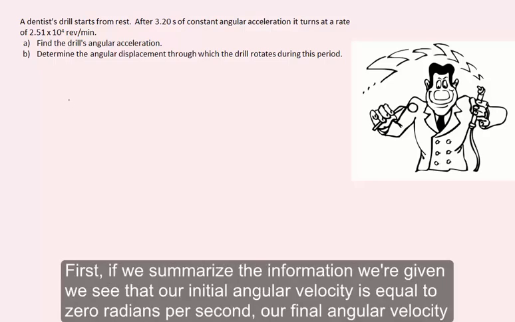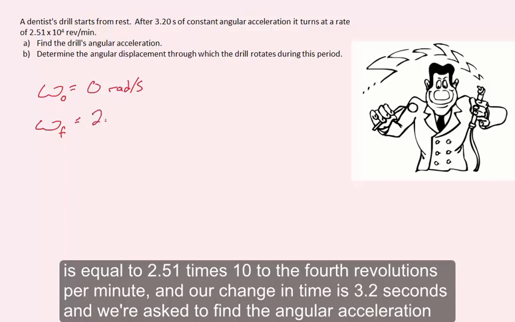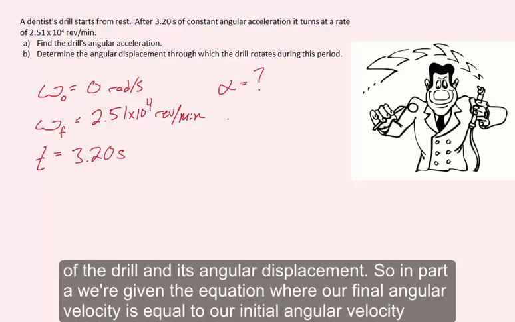First, if we summarize the information we're given, we see that our initial angular velocity is equal to 0 radians per second. Our final angular velocity is equal to 2.51 times 10 to the fourth revolutions per minute. And our change in time is 3.2 seconds. And we're asked to find the angular acceleration of the drill and its angular displacement.